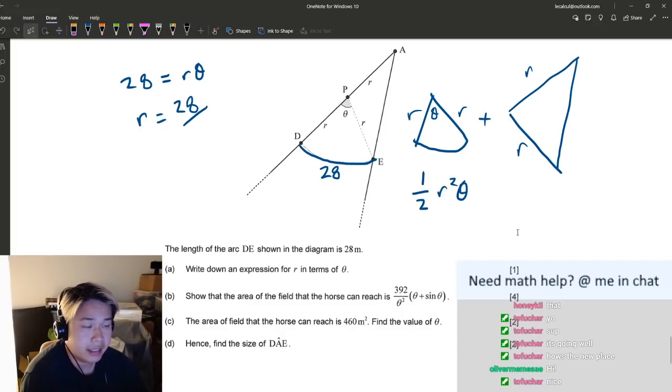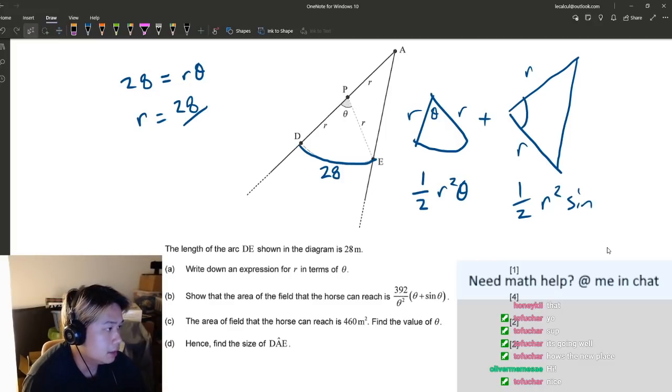And then the area of a triangle is 1/2 r squared times sine of this angle in between the two sides that you have. Now, this angle is related to this angle. I didn't draw it properly, but as you can see from the diagram, that right there is the supplement.